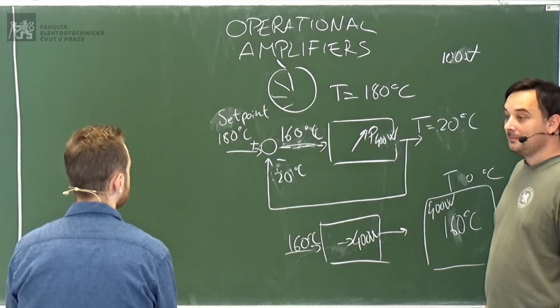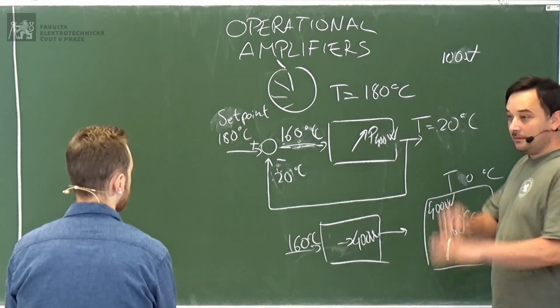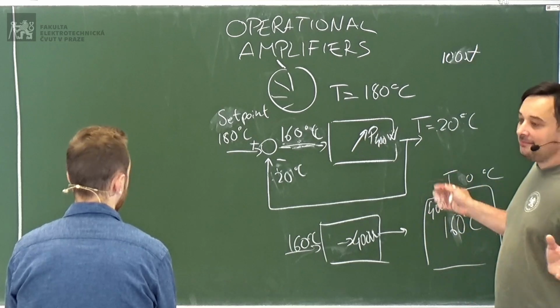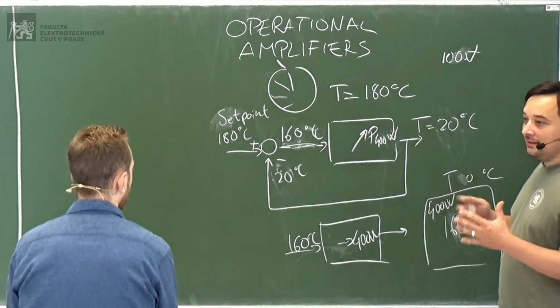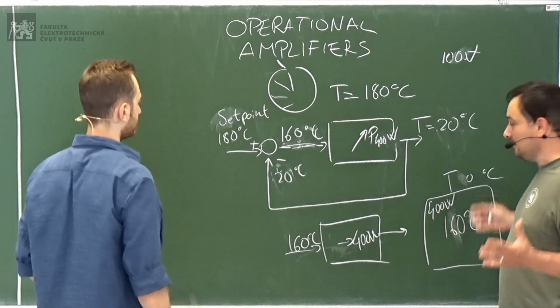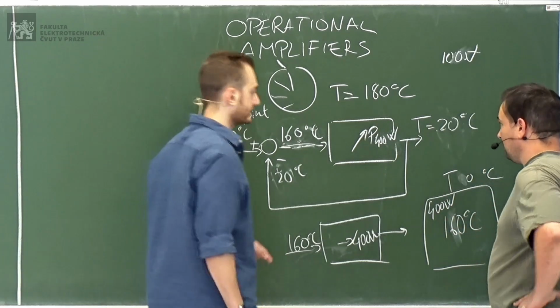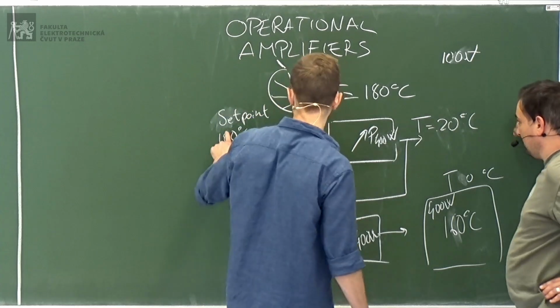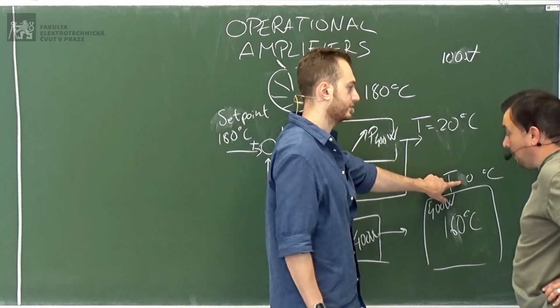Okay, so we're assuming that the oven is not losing heat. Yeah. Okay, no. Let's say that there is a constant thermal condition. Because when I said reference, I didn't mean this. I meant this is the reference.